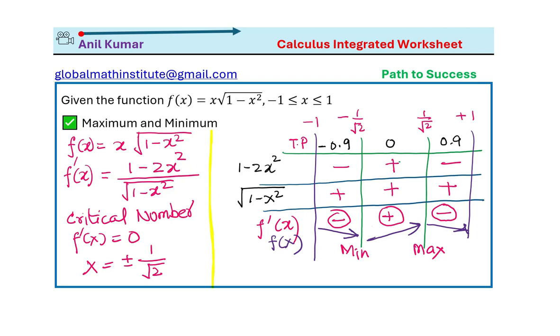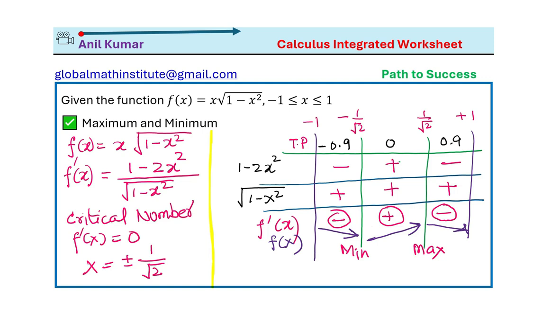Those of you who have learned second derivative could also use the second derivative test. And then analyzing, we figure out that the minimum occurs at minus 1 over square root 2, and the maximum occurs at plus 1 over square root 2.